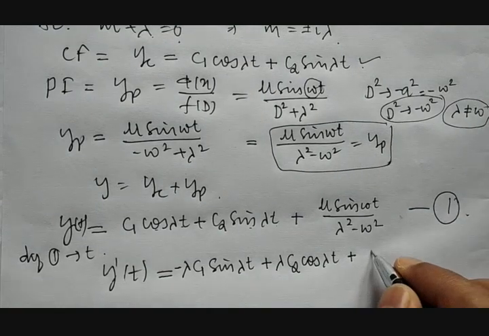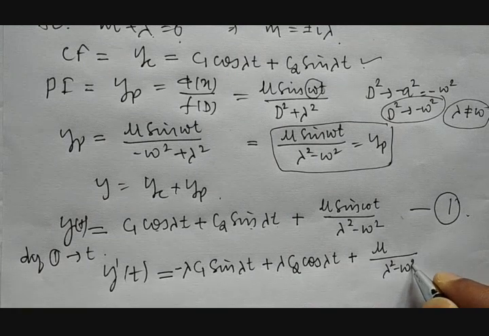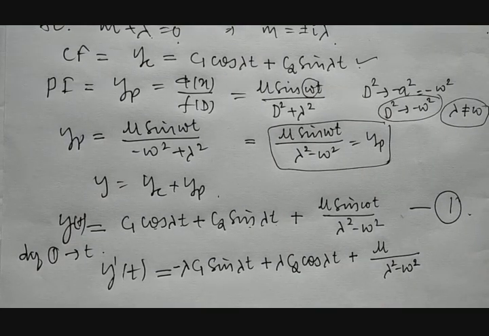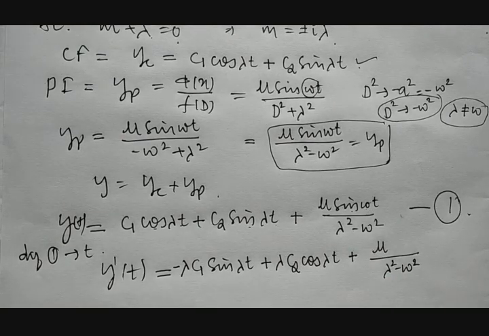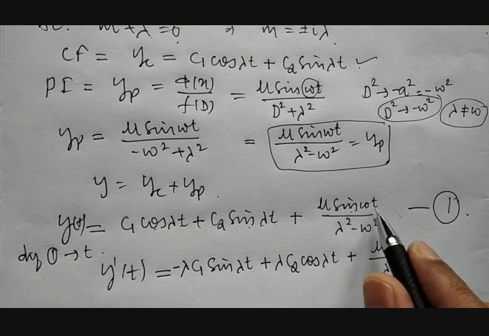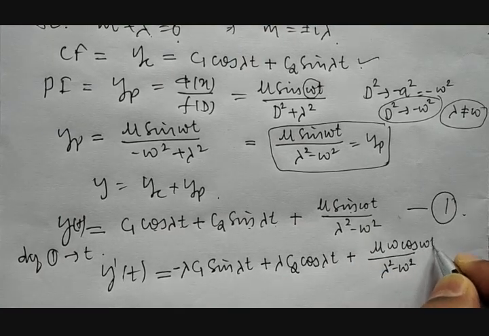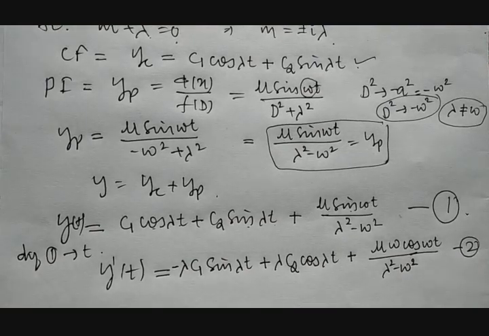Here we can see mu divided by lambda square minus omega square are constants. Only the differentiation of sine omega t will be done. So differentiation of sine omega t is omega into cos omega t. Call it equation number 2.